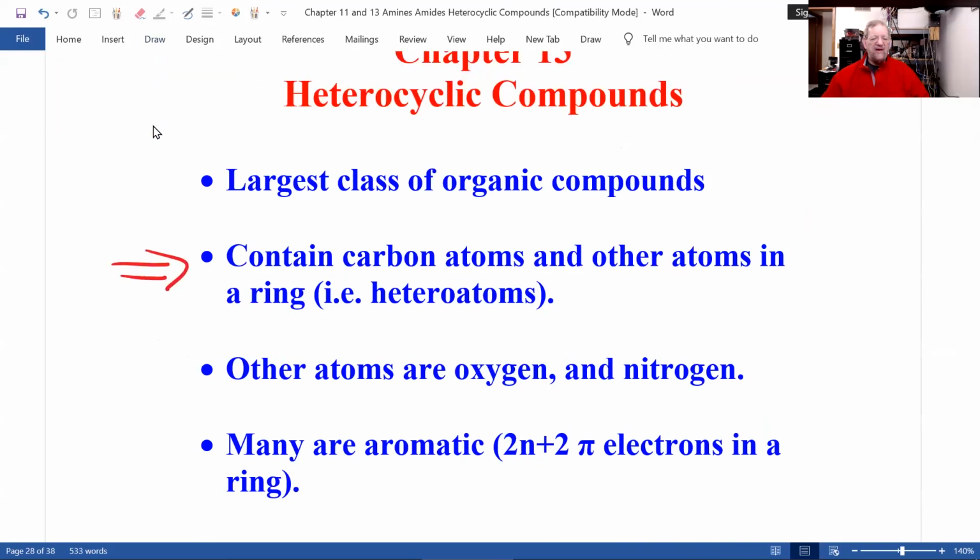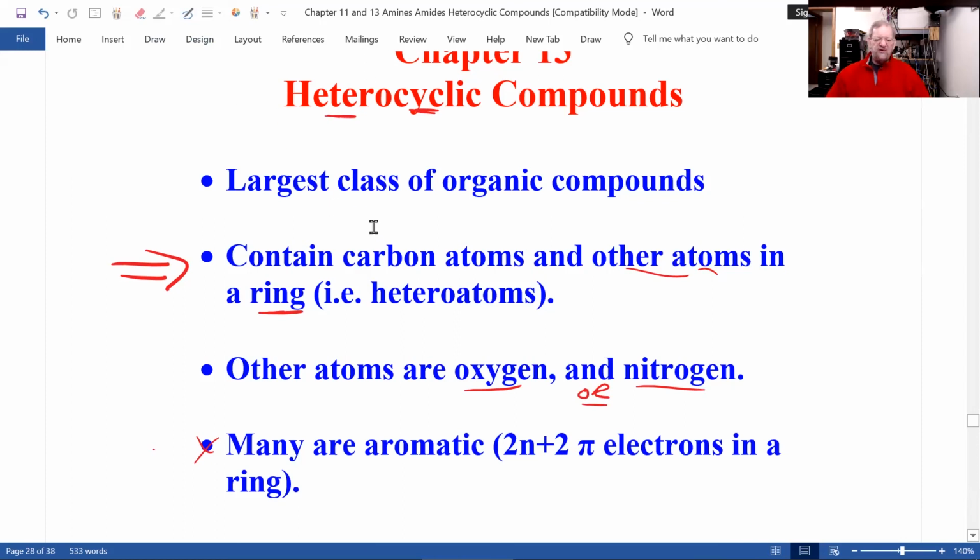It's a compound that contains carbon atoms and other atoms in a ring, a cyclic ring. And those other atoms are oxygen or nitrogen. And I won't ask you this, but many of them are aromatic, 4n+2 pi electrons in a ring. That makes them very stable.